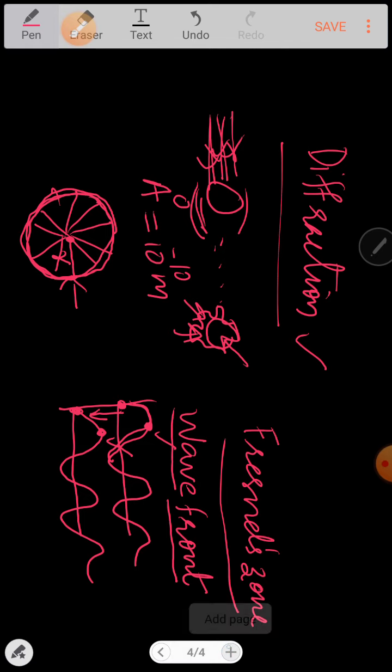These zones are constructed on the wavefront, and suppose this is a portion of a wavefront from a light source, at a particular time, that is, the light has traveled a particular distance during that time.